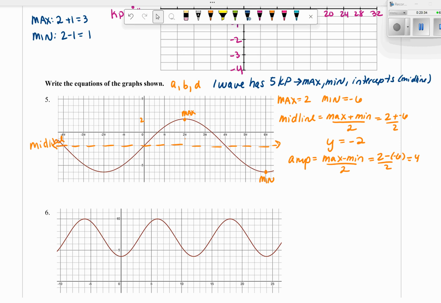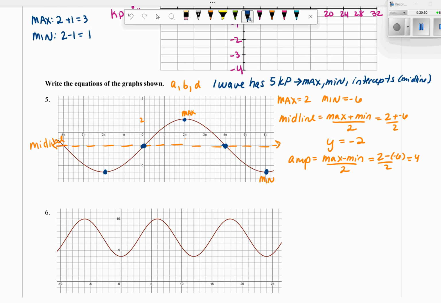So on my graph, here it crosses the midline, so that's a key point. Here we have a maximum, that's a key point. Midline key point, minimum key point, but that's 1, 2, 3, 4. I need one more to make a full wavelength.